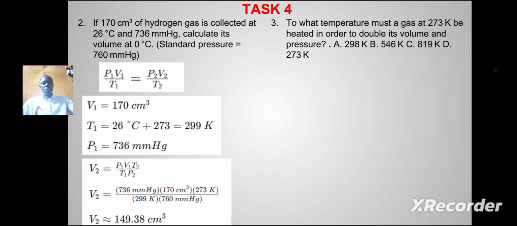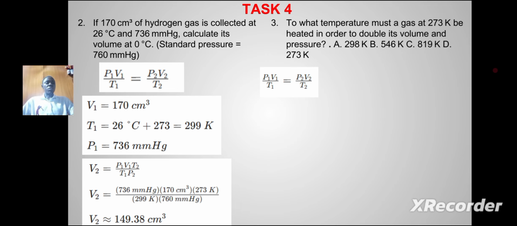Once you substitute everything we've written here, V₂ is approximately 149.38 cm³. So take note. In question 3, that's what we're supposed to get. I hope you got it.